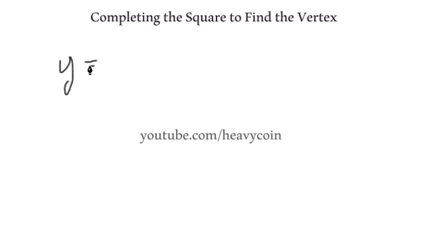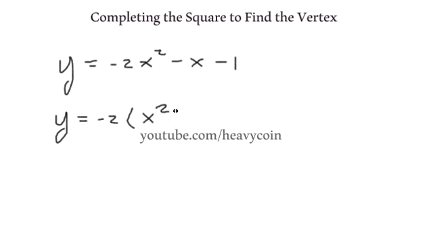We have y is equal to negative 2x squared minus x minus 1. Now what I'm going to do here is I'm going to factor this negative 2 out. So factoring out the negative 2, we have x squared, and then this will be a plus x over 2, and that becomes a plus a half.